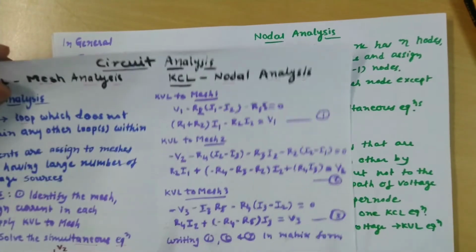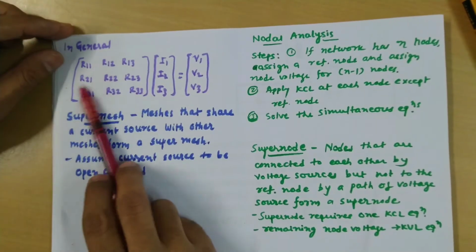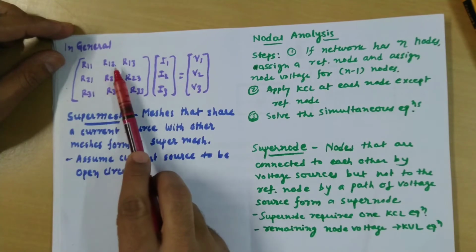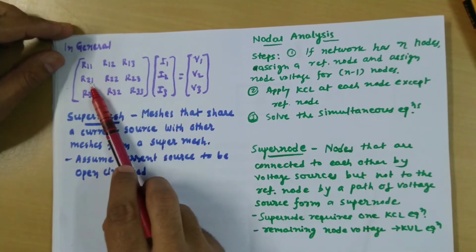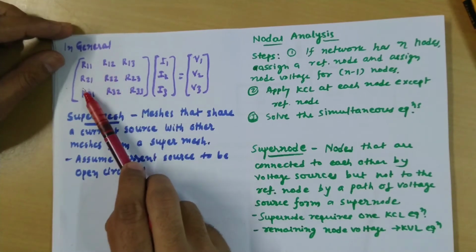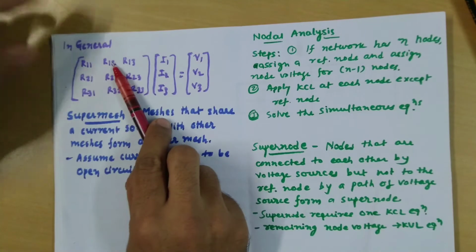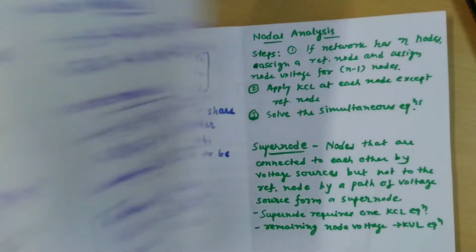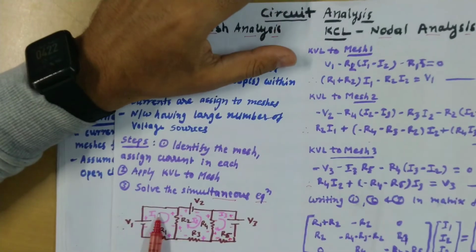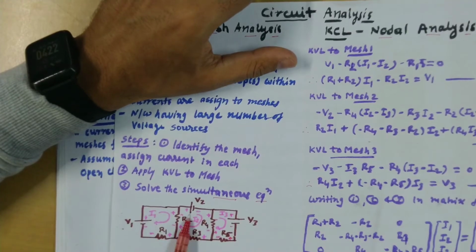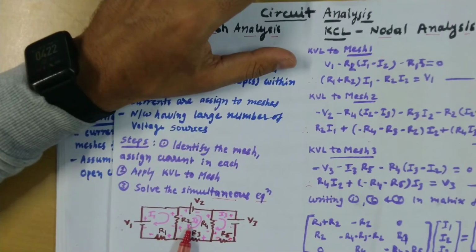Now R12 and R21, these are the sum of all resistances common to mesh 1 and 2. So this is the summation of the resistances which are common to mesh 1 and 2. So we have in mesh 1 and 2 the common resistor is R2.